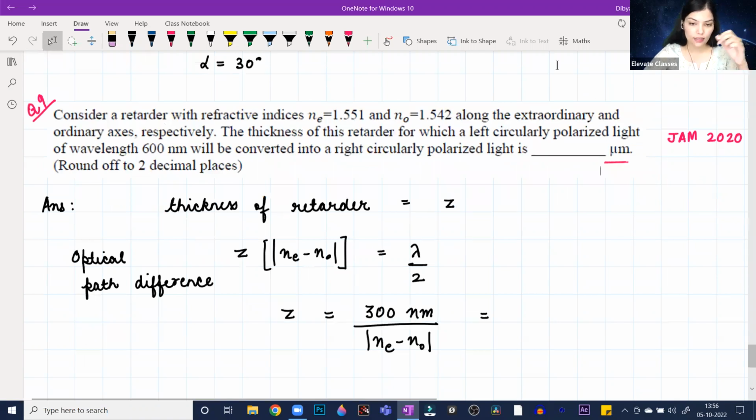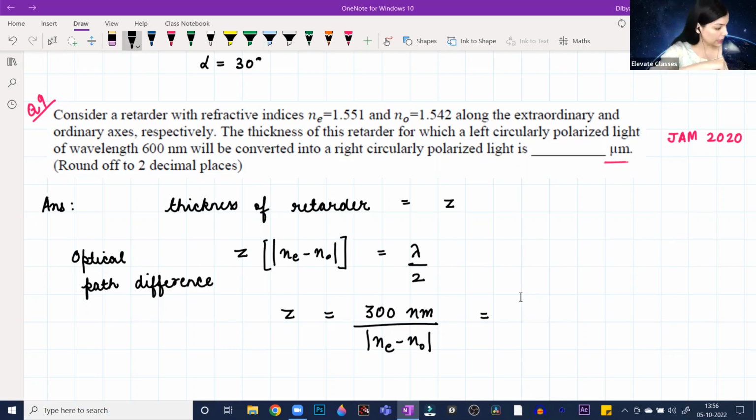Adrish, your answer is correct. Very good. Okay, so it is a straightforward calculation. Substitute the values of NE and N0 and calculate quickly. Then we will do the class question.